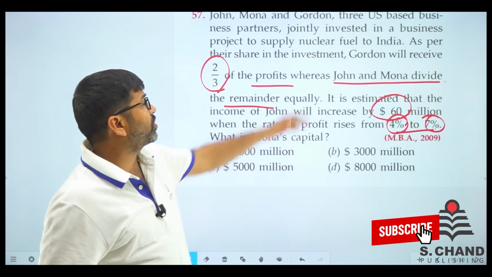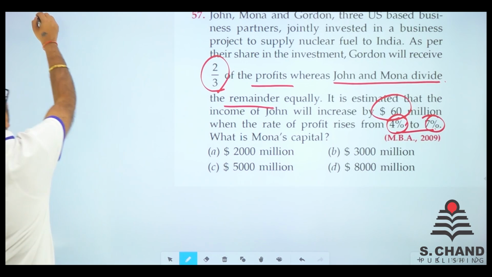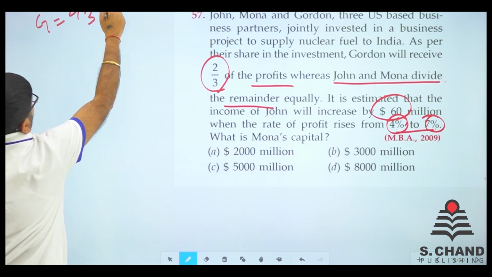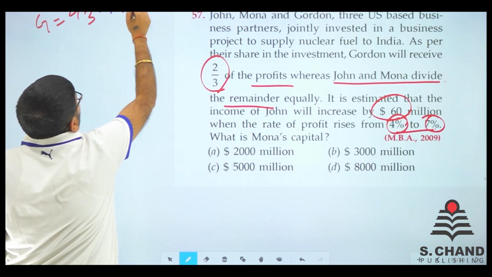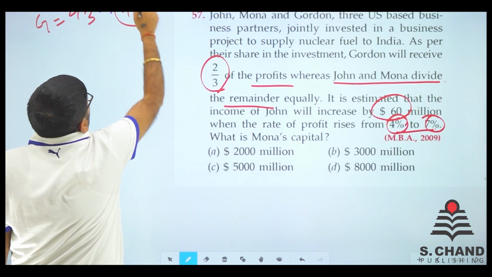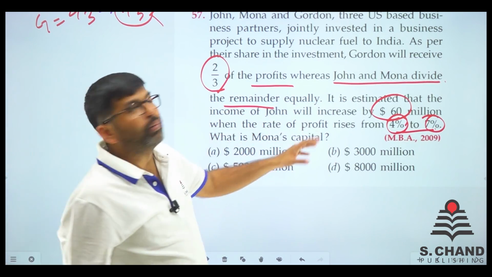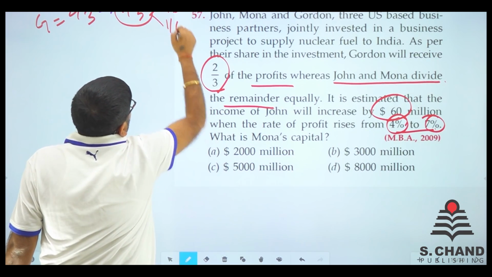2/3 of the profits was taken by Gordon, right? So what is remaining? 1 minus 2/3 is 1/3, right? And that 1/3 is divided into 2 equal parts, because there is John and Mona. So John takes 1/6 and Mona takes 1/6.